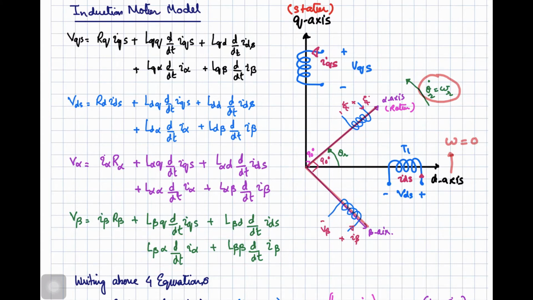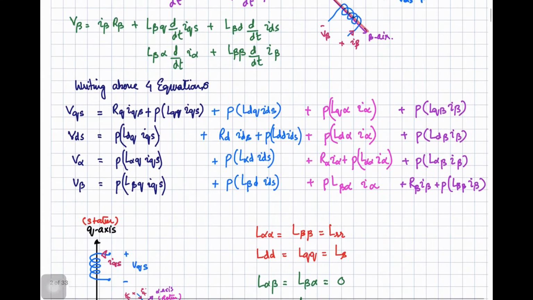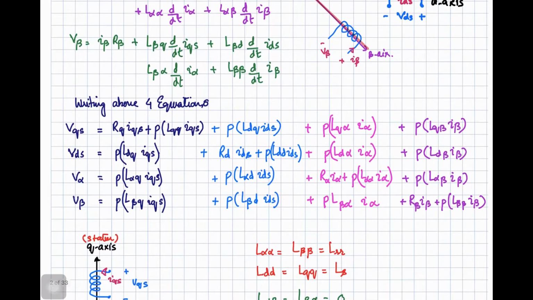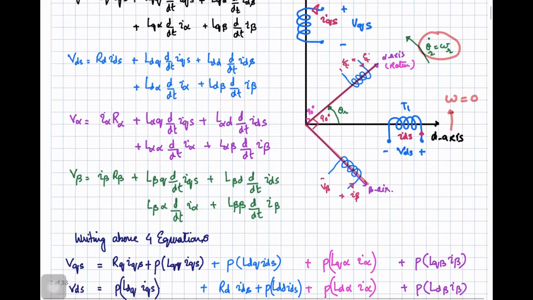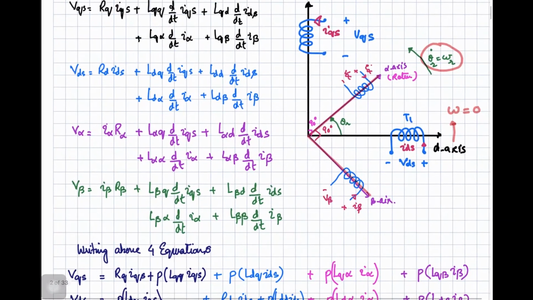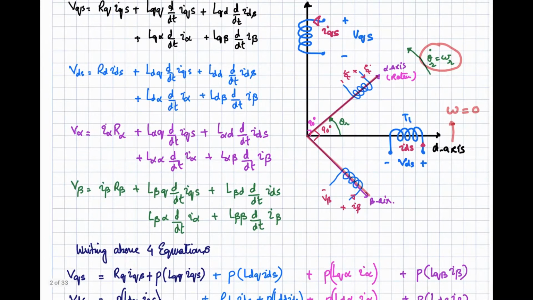So we have these four voltage equations for the four windings of the stator and the rotor of the two phase induction machine, two windings for the stator and two windings for the rotor. So now these four equations, those we have written over here, can be written like this. This is basically a compact form of that one. So just compare this line with this one, right?